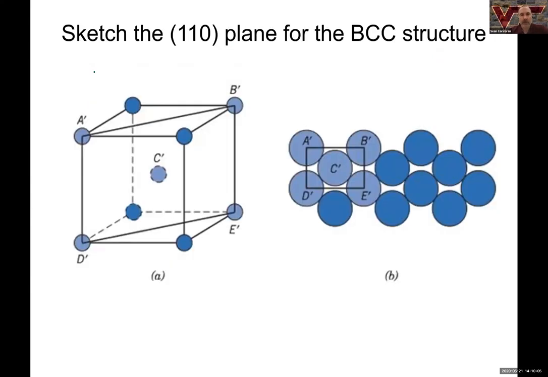So here it is with atoms labeled. Now when you're sketching a plane like this one, notice this is not the same as the 1, 0, 0 that we sketched for the face-centered, although it looks similar. It's not square any longer, but a rectangular plane orientation.